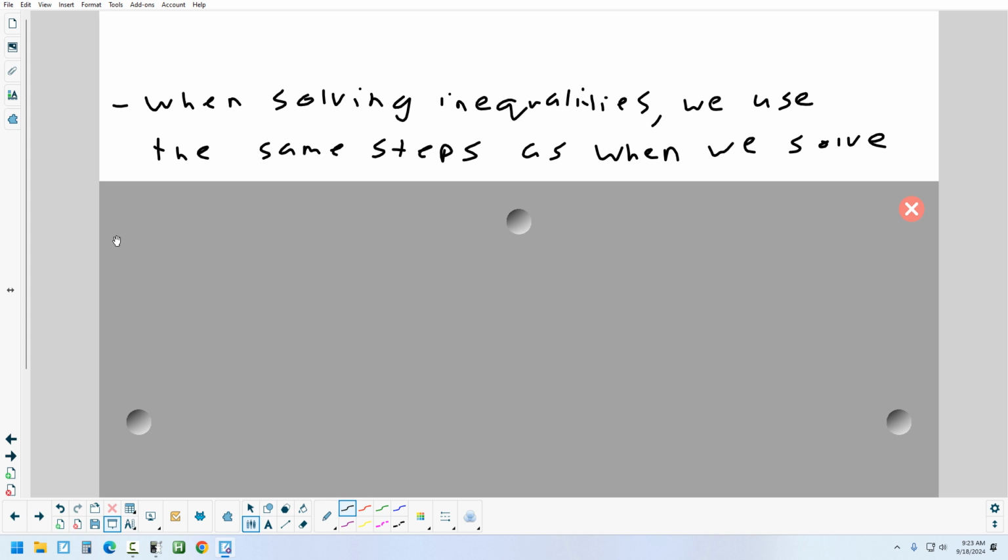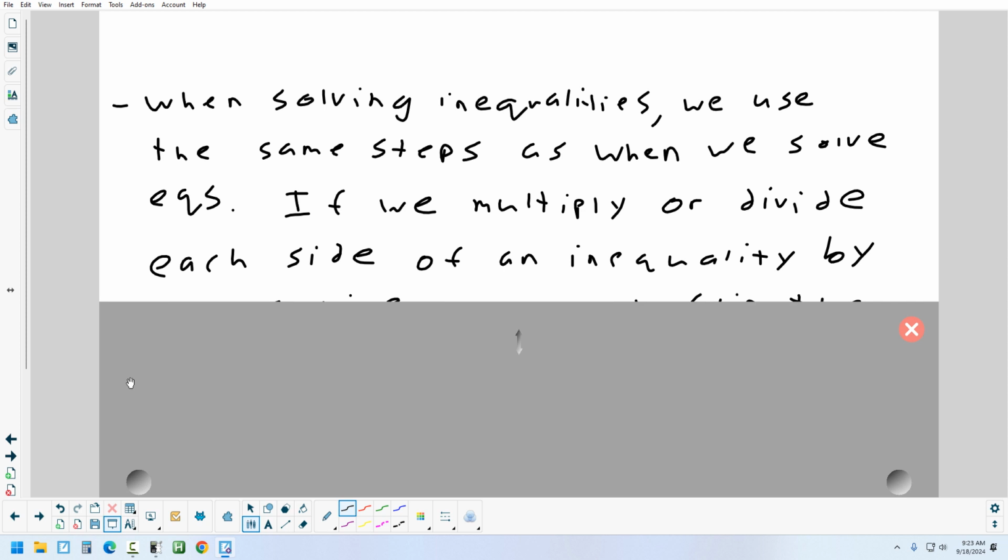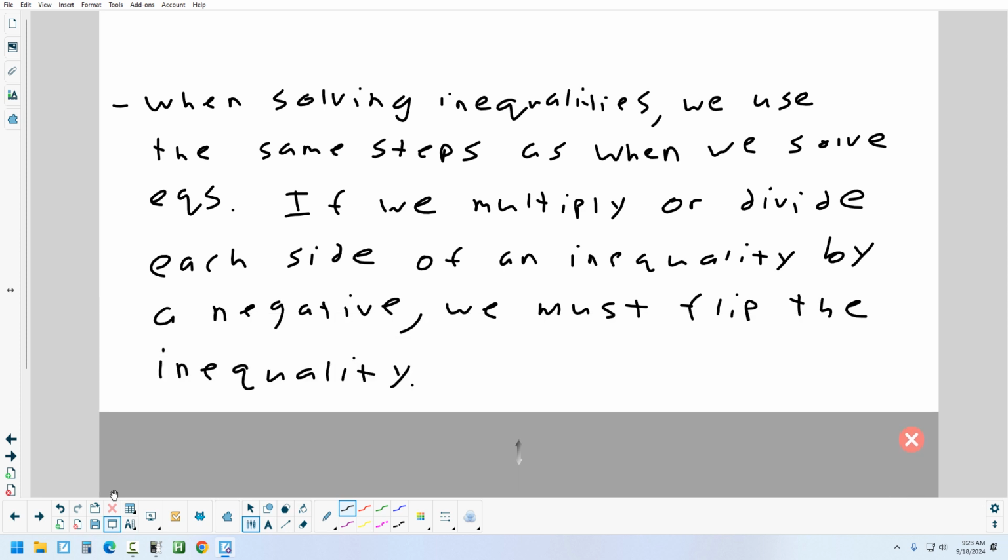No, you do need to flip it, but not when subtracting. Mike? When you multiply or divide by a negative. Yeah, when you multiply or divide each side by a negative, you have to flip the sign. You don't flip it when you add, you don't flip it when you subtract.